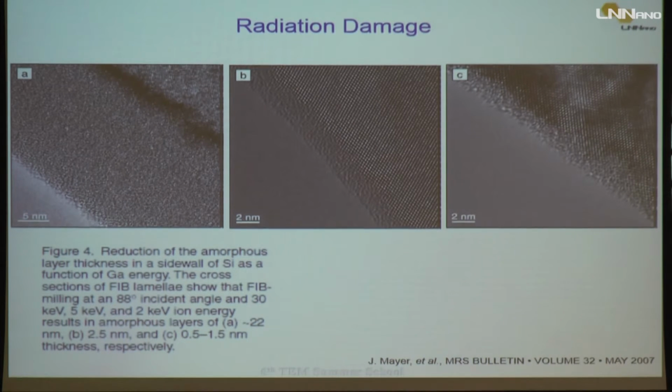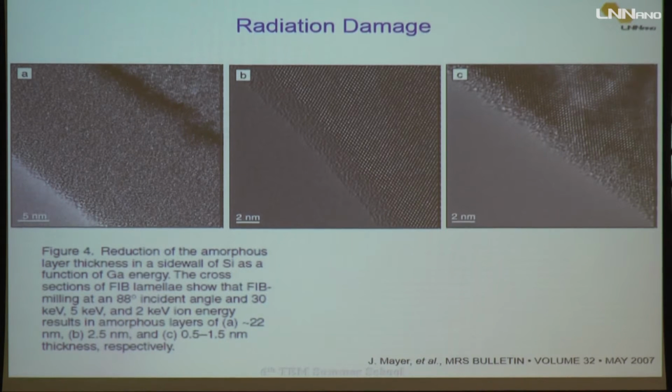You can see how your sample will look in the TEM machine by using different energies of the ion beam source for the preparation of the FIB lamella. Here you have a comparison between 30 kV, 5 kV and 2 kV for the preparation.